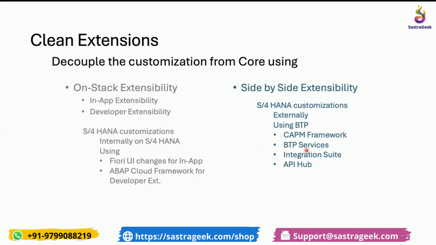We use the BTP services, we use the integration suite, we use API Hub. There's a lot of help that SAP provides through BTP to make a loosely coupled application or service that can cater to S4 without breaking the code. This is kind of the best approach that's there.